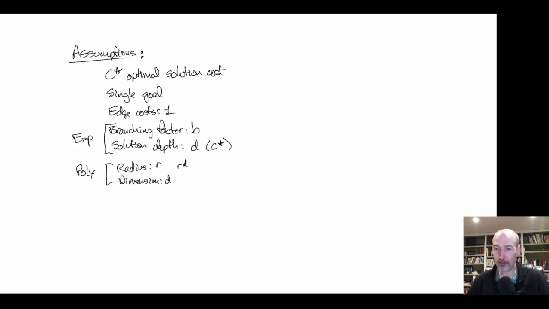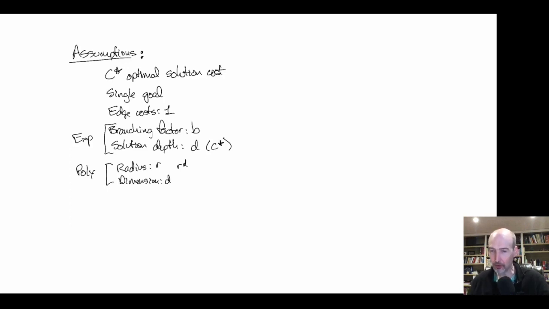And here the dimension is constant, so like r squared states or something like that. But we're going to look at an exponentially growing tree, and we're going to see what the properties of an exponentially growing tree are.